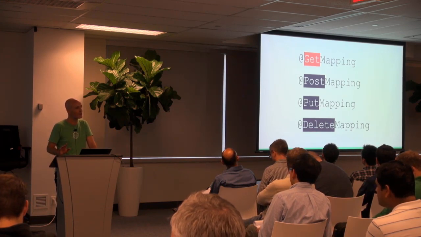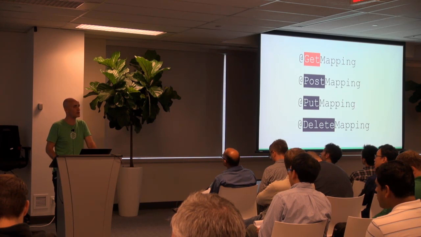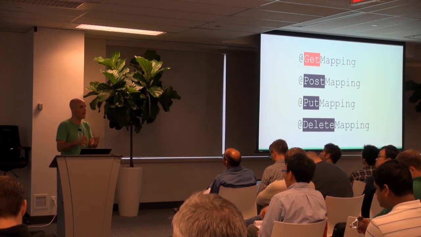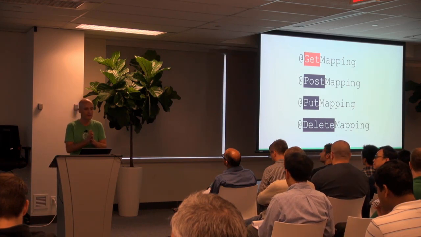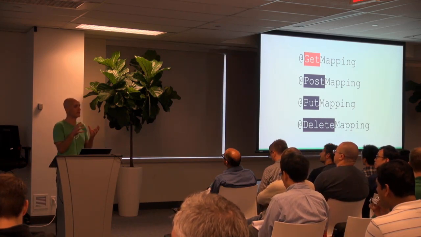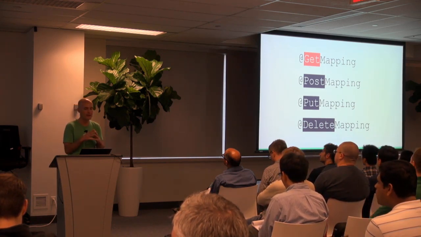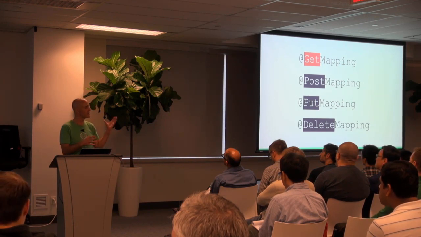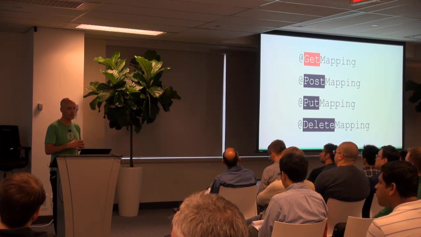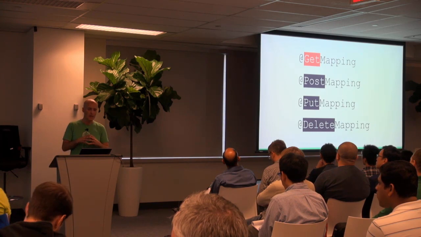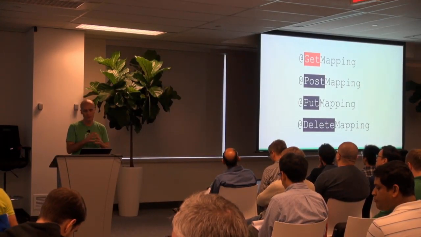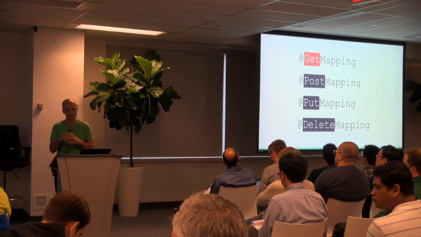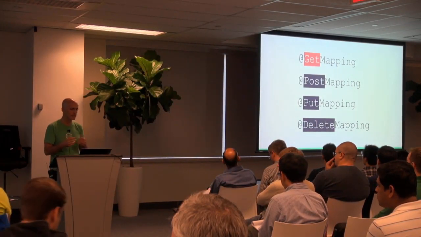But one thing that caught me a little bit by surprise is how much debate it generated within the Spring team, with some favoring the very short version of @Get, @Post, @Put, @Delete, and others more on the side of what you see here, which is eventually what we settled on. So there were different camps there, for brevity versus consistency.